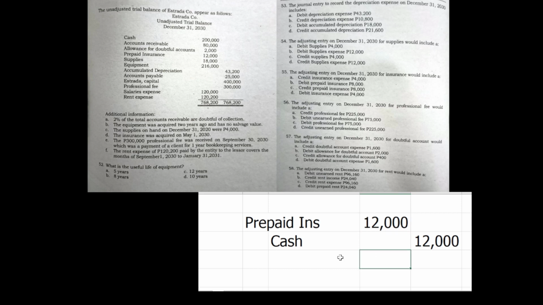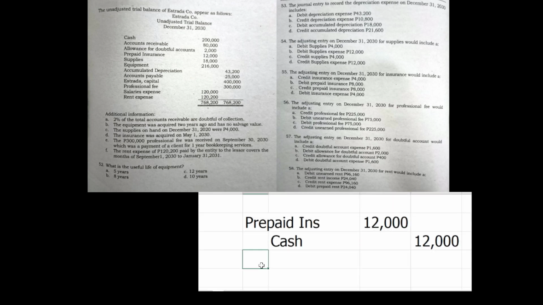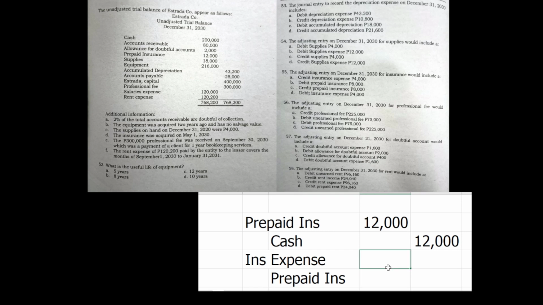So, kapag gumawa tayo ng adjusting entry for this, mangyayari, kasi hindi na ito totoo, itong 12,000, dapat, kasi nga na-expense na yung 8,000 na portion, debit tayo ng insurance expense, and then we credit prepaid insurance. Again, yung amount natin is dina-compute na 8,000. So, have here 8,000 and then credit of 8,000.